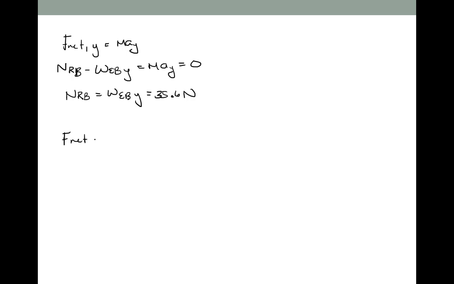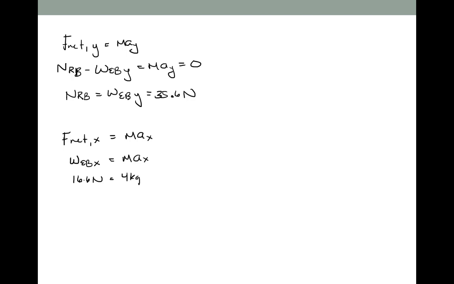Getting back to this problem, it wanted to know the acceleration. Well, we set up our coordinate system so the acceleration was only in the x direction. There is only one force in the x direction, and that is the x component of the weight in this case. So that equals m a_x. W_EB,x was 16.6 newtons.